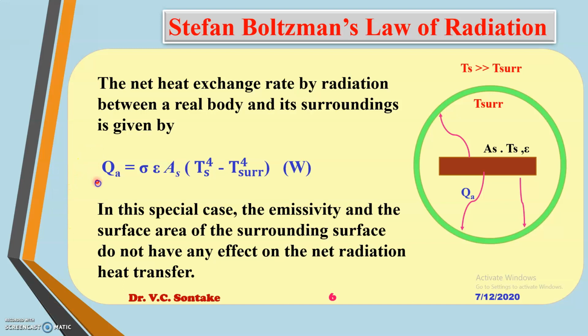So this is the equation which will give you net heat exchange between two bodies by radiation mechanism. In this particular case, the medium present between the surface and surrounding is not going to affect the radiation heat transfer.